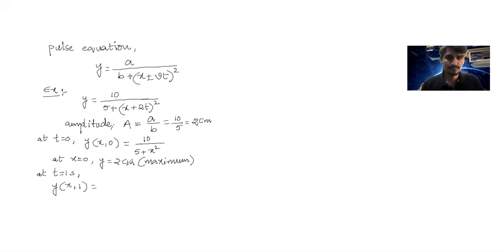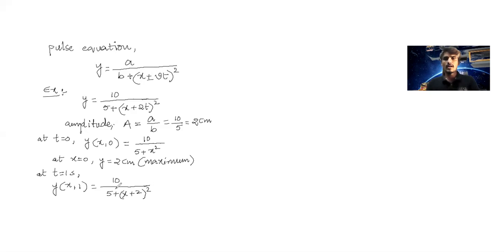It is equal to 10 by (5 plus x plus 2t whole square). Instead of 2t, if we substitute t equal to 1, you will get x plus 2 only. So, 10 by (5 plus (x plus 2) whole square).